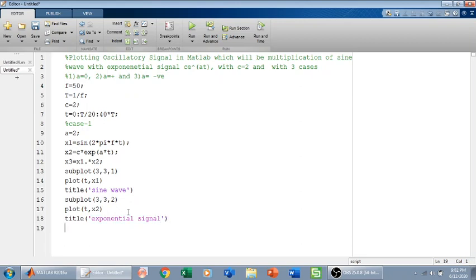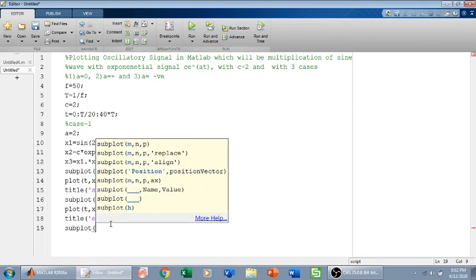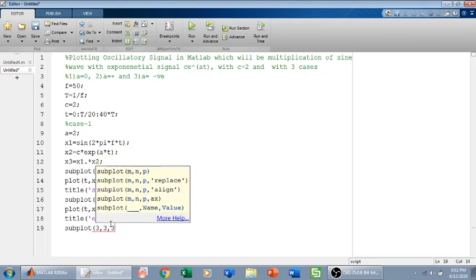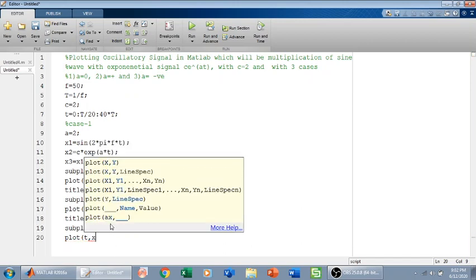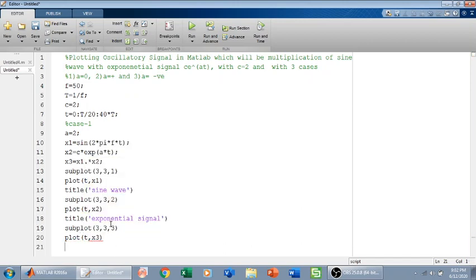Finally at the third subplot position, I will plot x3, which is the multiplication of x1 and x2. I will give it the title increasing oscillation, IO.